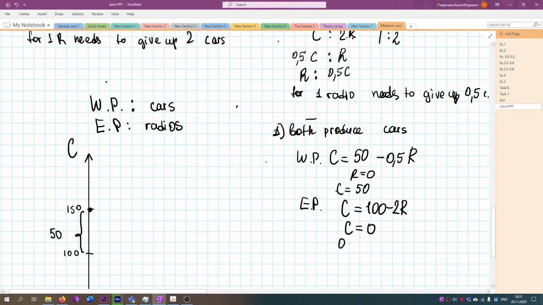So we write that 0 is equal to 100 minus 2r. 2r is equal to 100, r is equal to 50.